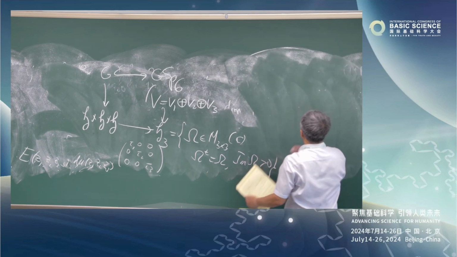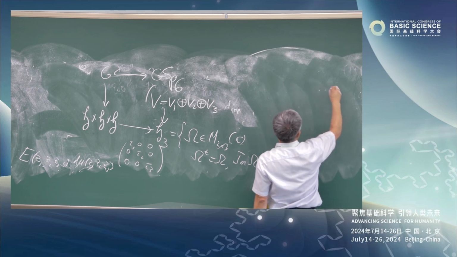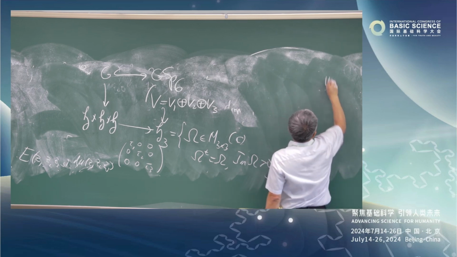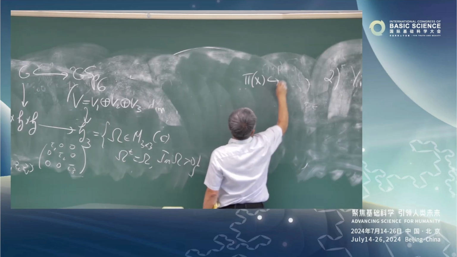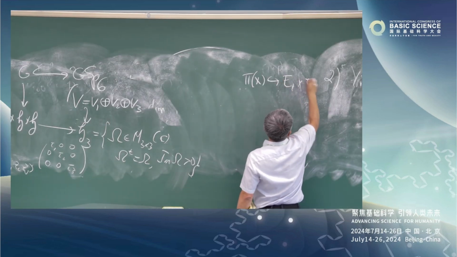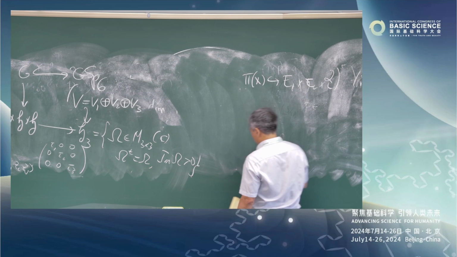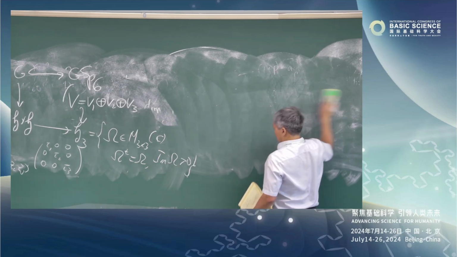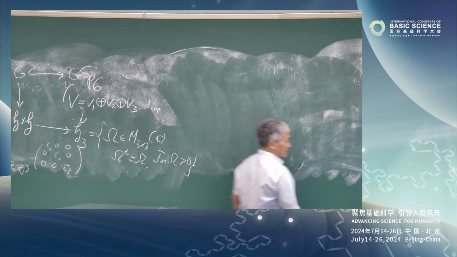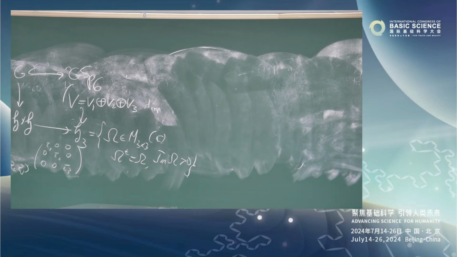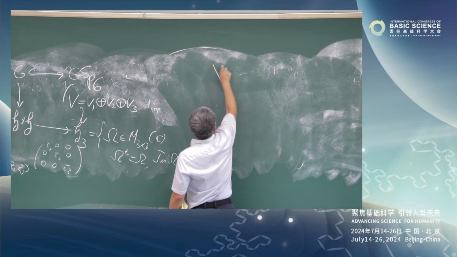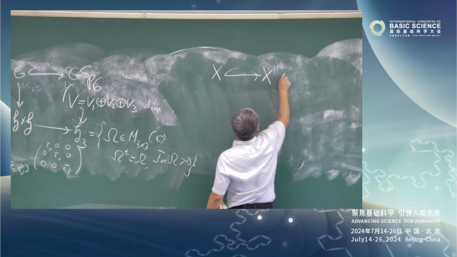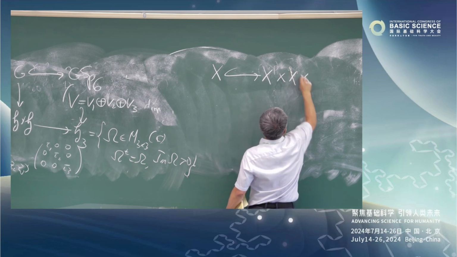For the other side, we have the pi of x there, inside E1, E2, E3. So we have this Shimura curve X, and we get X cross X cross X inside.